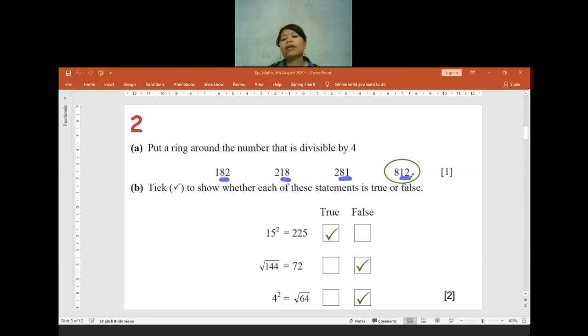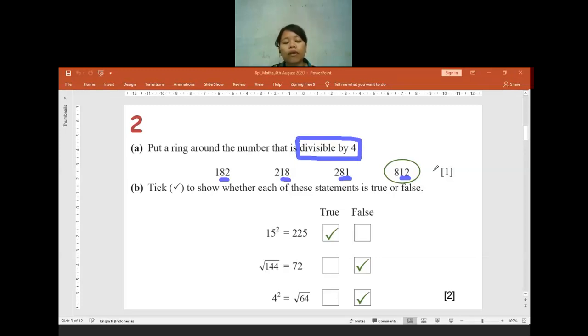So here the answer is 812. If we check divisibility by 4, we just need to check the last two digits. If the last two digits are divisible by 4, it means the number is divisible by 4. That is for question A.